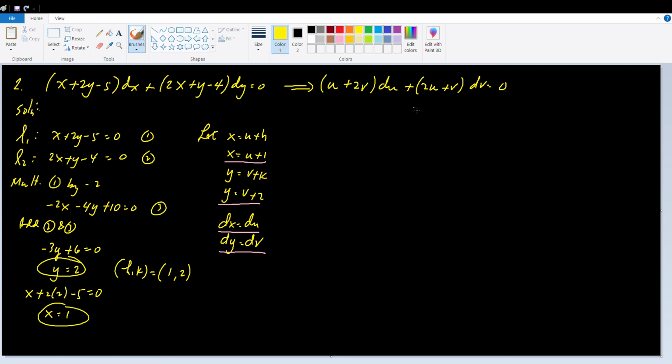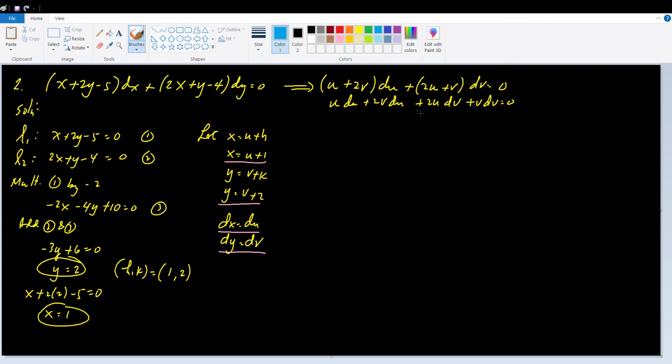Okay, so we know that this is homogeneous, but it's possible that there are other available solutions or methods that we can apply. So let us see. This is u du plus 2v du plus 2u dv plus v dv.